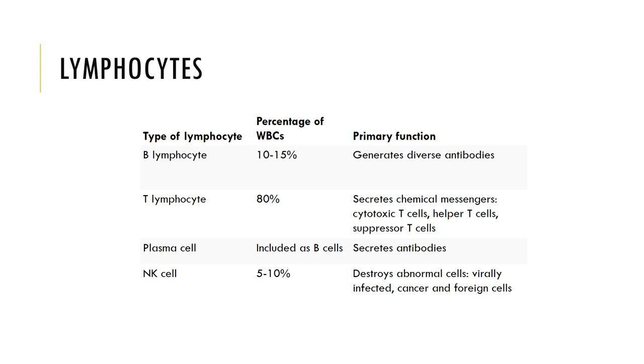T cells comprise about 80% of the circulating lymphocytes. T cells are diverse and provide cell-mediated immunity. NK cells comprise about 5 to 10% of circulating lymphocytes and are called natural killer cells.